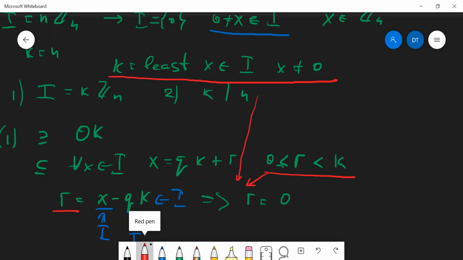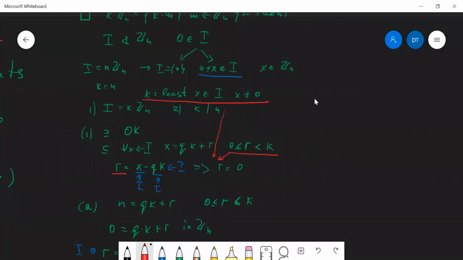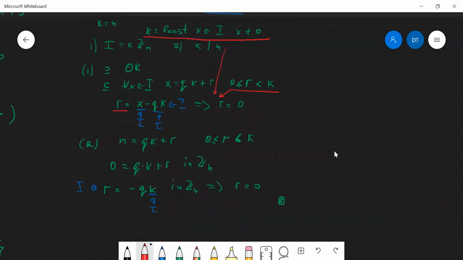That's the reason. This is the usual way to prove something about integers or remainders: you take the smallest possible something, you divide by it with the remainder, and you will get that the remainder is 0. This is the usual way to handle such kinds of problems.